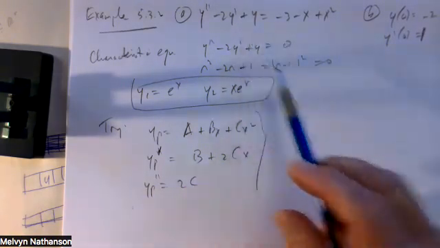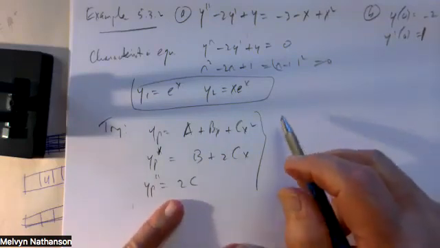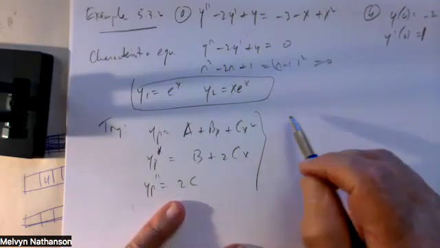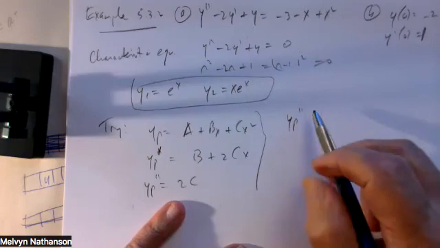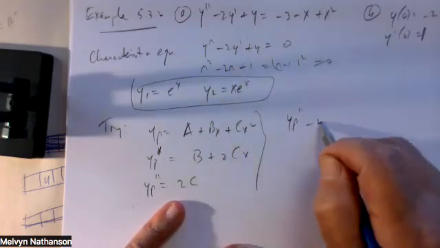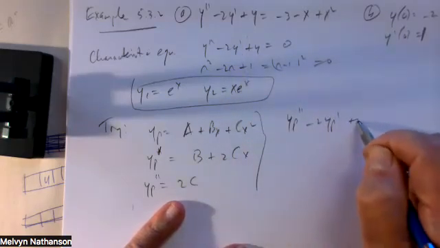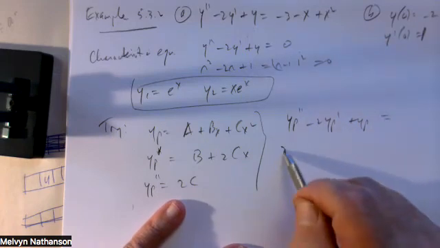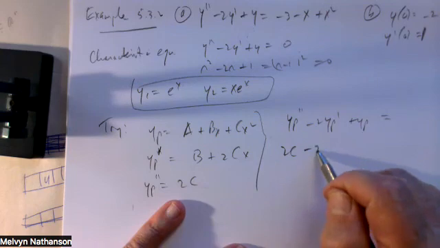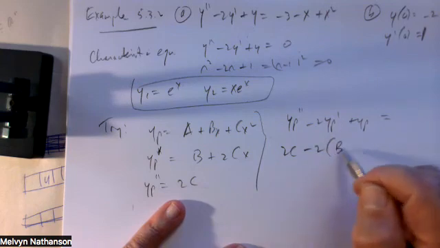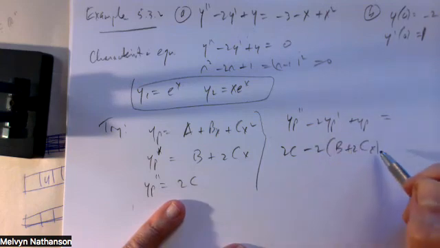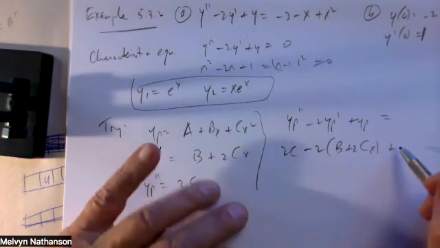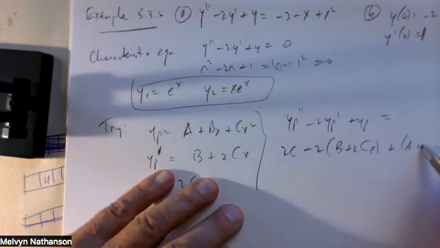So if we plug this into our equation, let me just write this down. y_p double prime minus 2y_p prime plus y_p is equal to 2c minus 2b plus 2cx plus a plus bx plus cx squared.